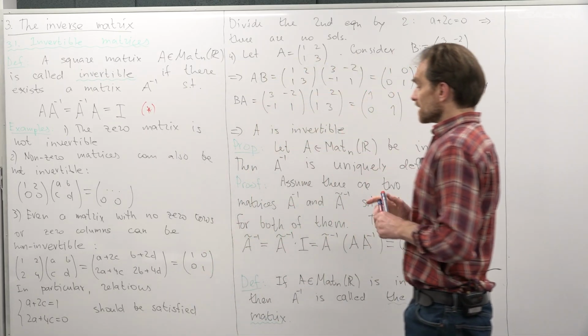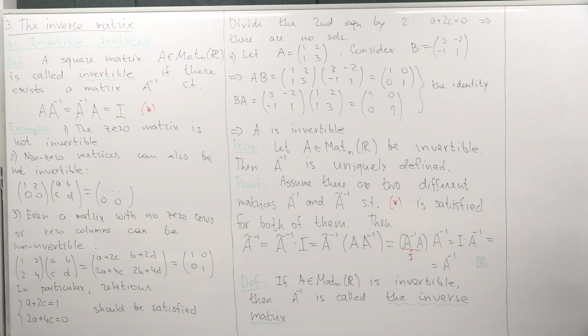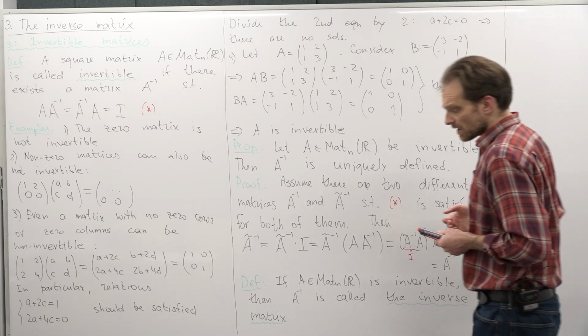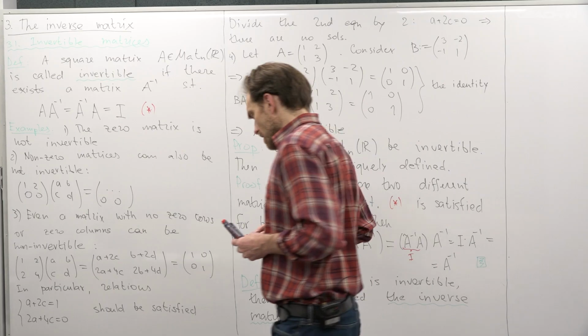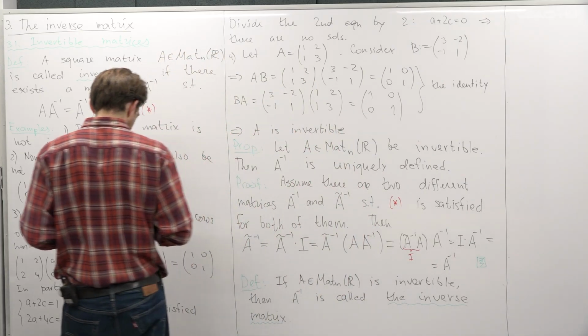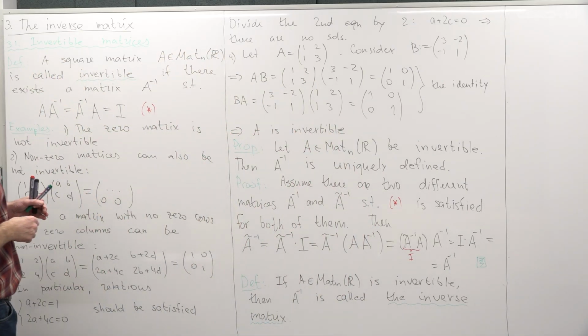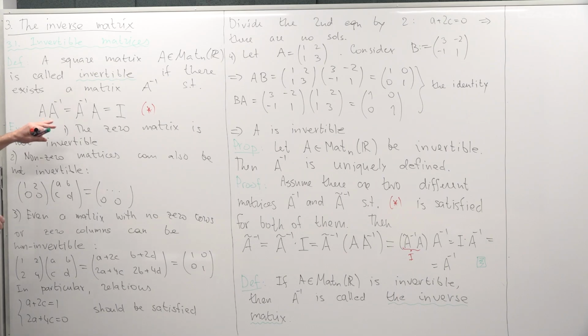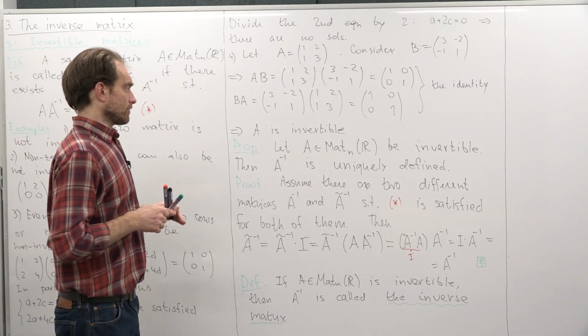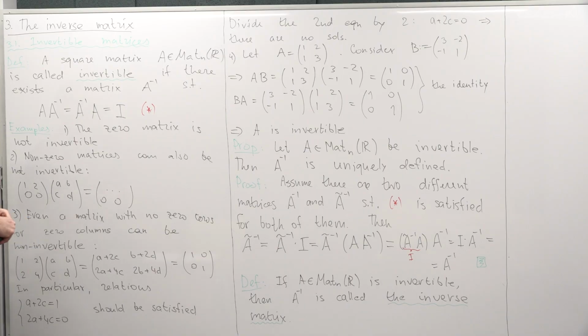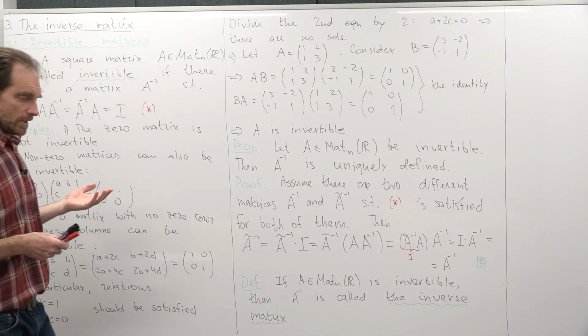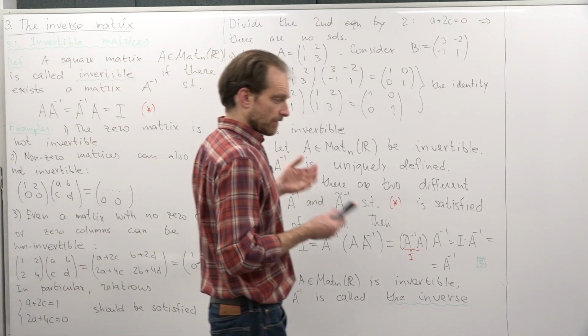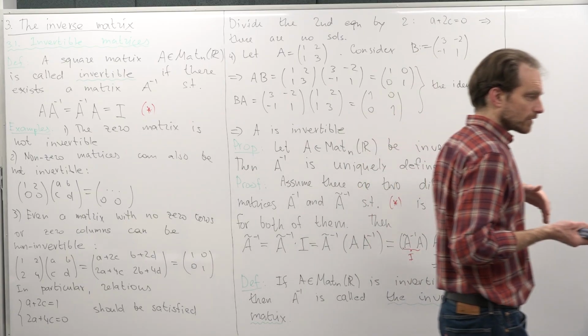Okay, so note that here we consider only square matrices. It is possible to consider relations of this kind for non-square matrices, but in this case these two matrices should not be equal. So it is possible to consider left inverse matrices and right inverse matrices.